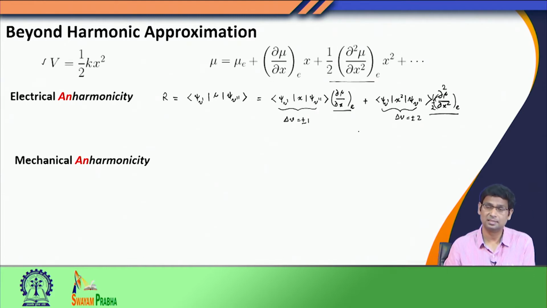So, this can be described by the so called mechanical anharmonicity, where we do not use this V equals half k x square assumption, rather we have some V anharmonic model. So, that means this is not V equals half k x square.